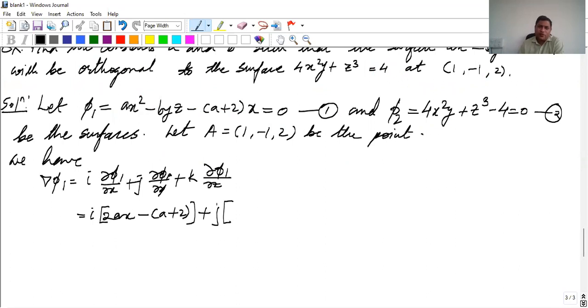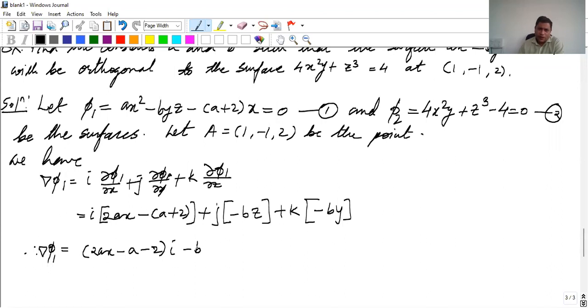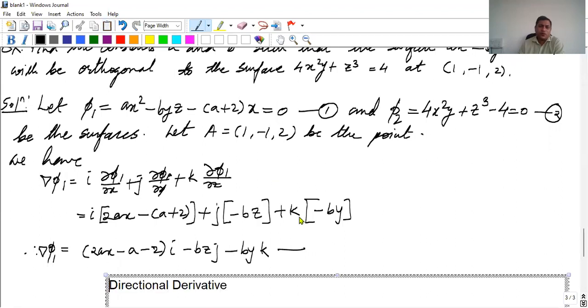Plus j, the derivative with respect to y, so it is minus bz. And plus k, the derivative with respect to z, so it is minus by. So we get del phi 1 equal to (2ax minus a minus 2) i minus bz j minus by k. This is equation 3. Or we have to consider this at the given point.